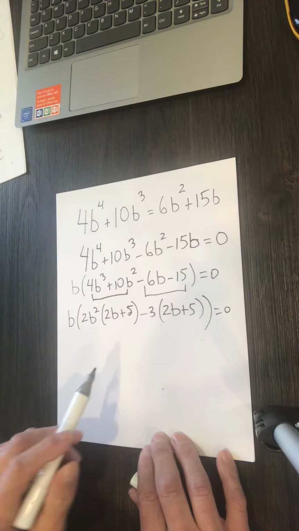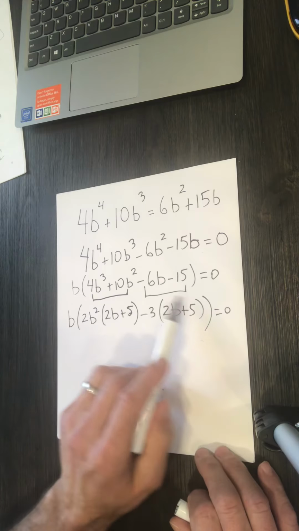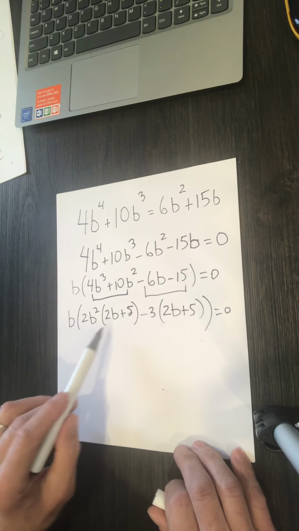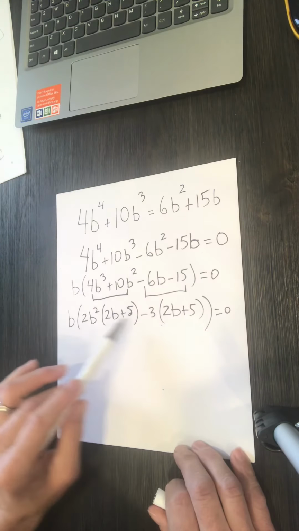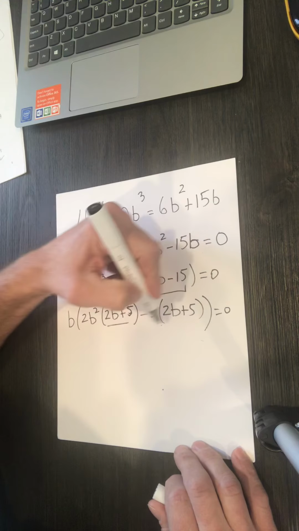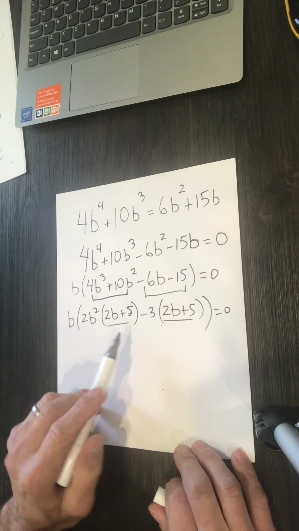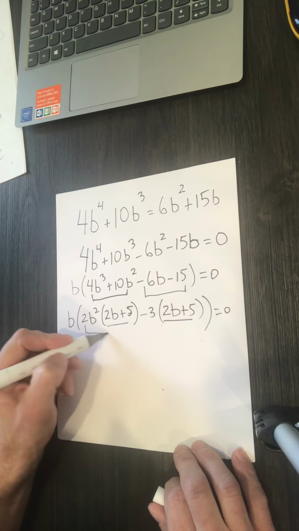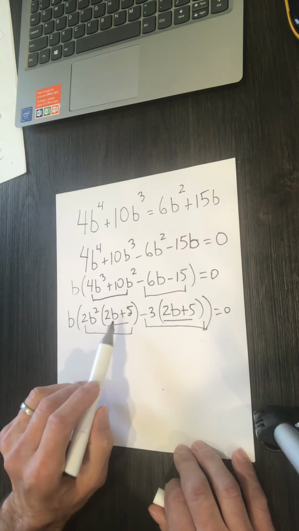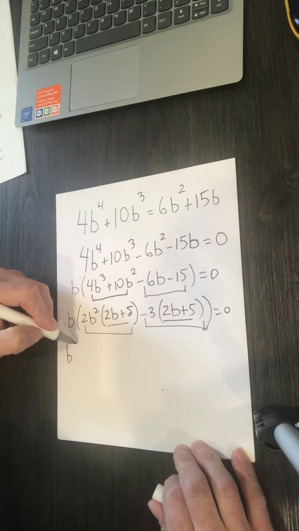So the entire set of terms in there is set apart by parentheses, and inside we've done the first step of factor by grouping. You'll notice that what's in parentheses that I underlined is exactly the same. So we can treat this first part as a term and the second part as a term, and notice that the 2b plus 5 is in common. Well, we can factor that out.